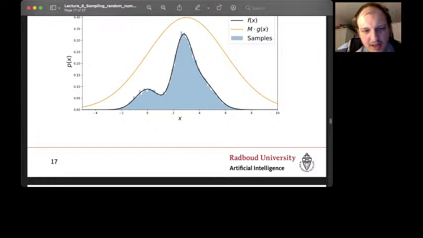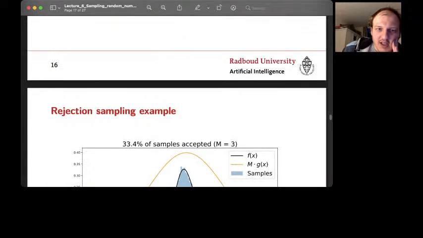If it's less than this, then you accept it because it goes here. If it's larger than this, then you reject it because it's outside the curve. That's the general idea in the algorithm.